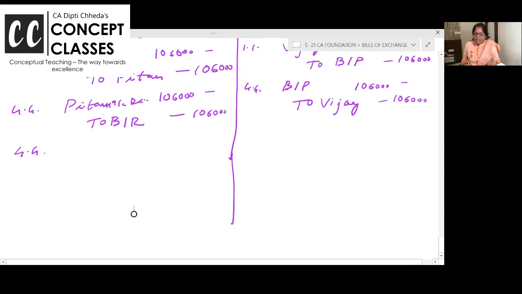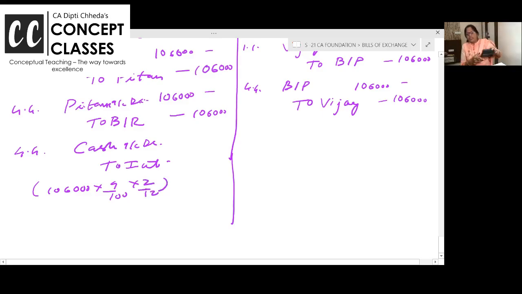Directly you can receive the interest in cash, no? Why write double entry? Cash account debit to interest on 1,06,000 at the rate of 9%, 2 months interest. And why? What's the reason? 1,06,000 into 9% into 2 by 12. 1590.